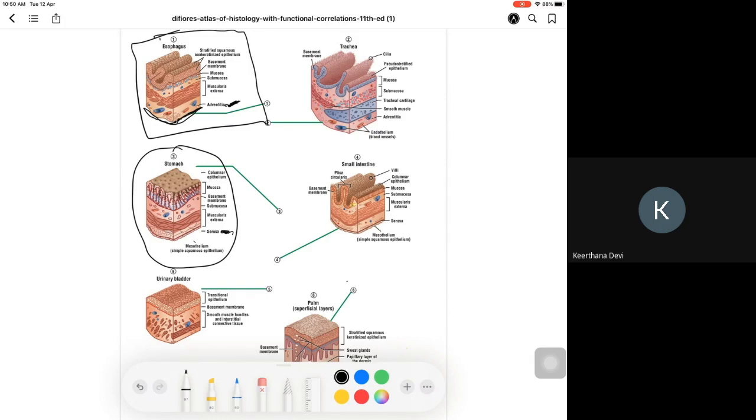And why is it important? Because when you are doing a fetal or adult autopsy, the lower one third of the esophagus is adherent to adjacent structures and to the diaphragm, whereas in the upper two thirds, there is a nice smooth serosal surface. So the upper two thirds is lined by mesothelium, whereas the lower one third directly communicates with the adjacent structures, and there is an applied aspect there.